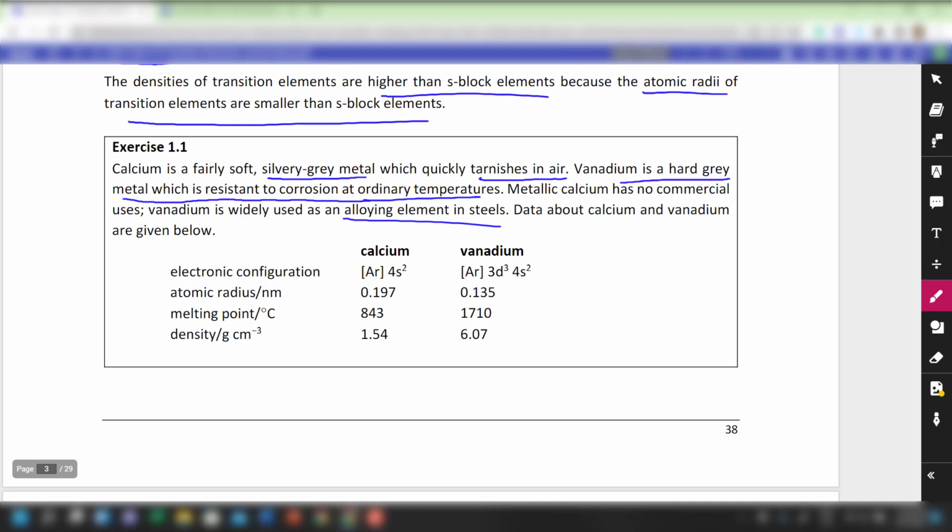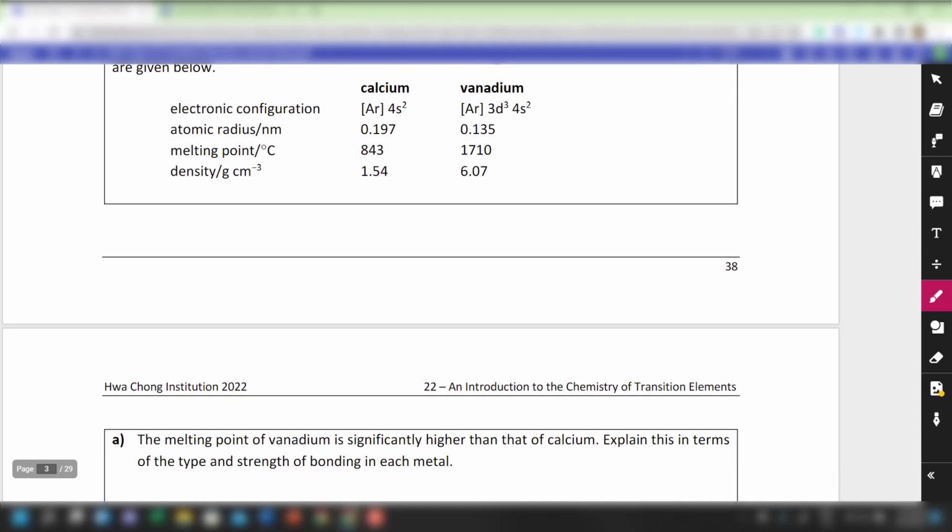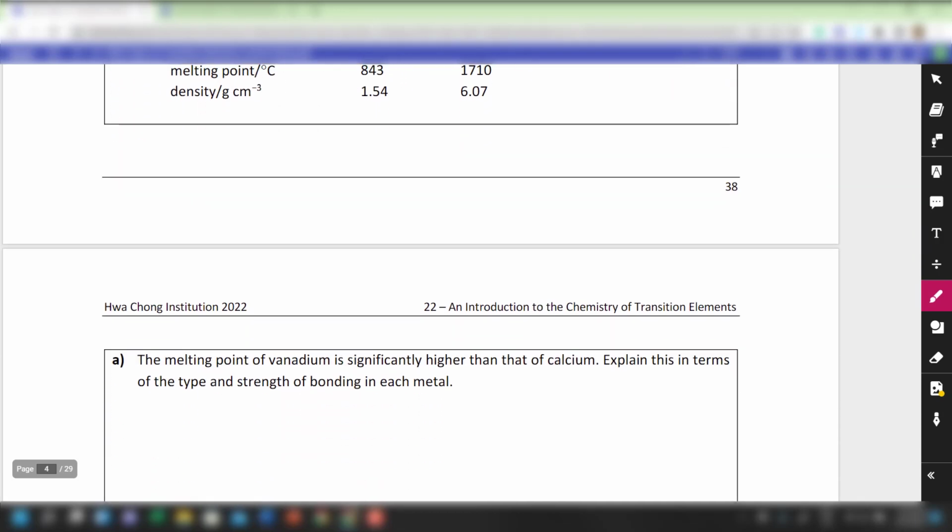You are given the electronic configuration, the atomic radius, and the melting point. You can see that vanadium's is twice as high. You are given the density. You notice that the density is about 4 times greater than that of calcium. So the question is, the melting point of vanadium is significantly higher than that of calcium. Explain this in terms of the types and strength of bonding in each metal.